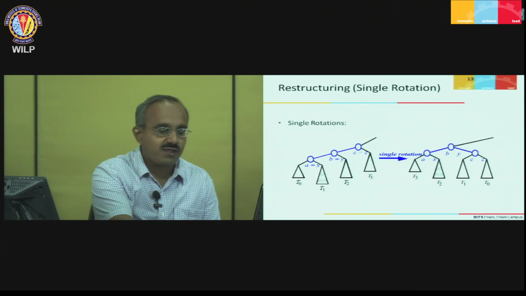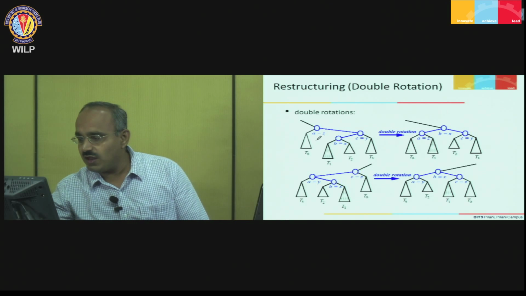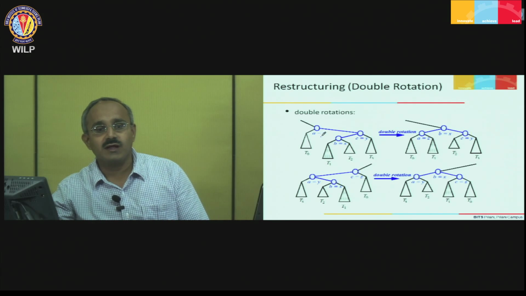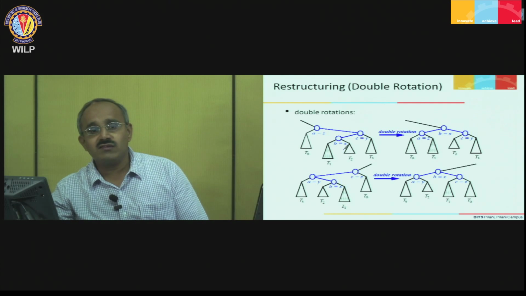and cases 3 and 4 are going to be like this, in which case you still have Z here where the height balance is violated, and Y and X are like this. And if I look at the in-order traversal, you are going to have A, correct, because it is a root.